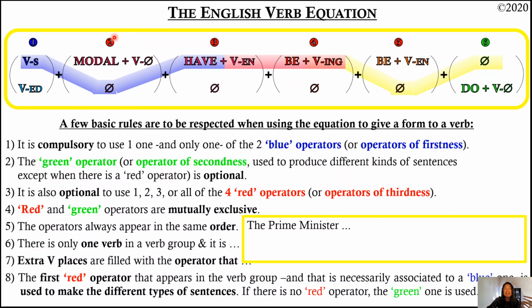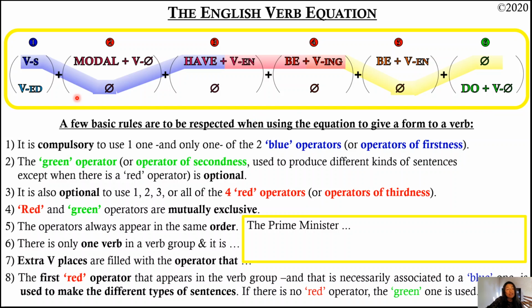They can be added to them, which is what we will do in the verb matrix, but they're not part of the tenses really. And neither are the voices. The passive voice and the active voice are not part of the tenses in English. And do plus V0 is not either, because it's only added when we create different types of sentences.